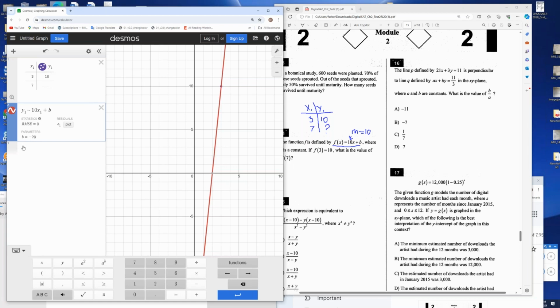Based on this, I can easily write my equation of the line: y equals slope 10, agree? 10x, and b equals -20, minus 20.